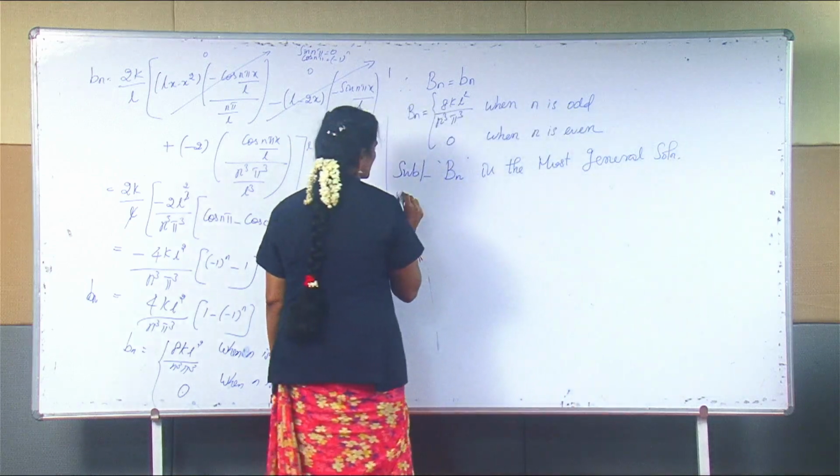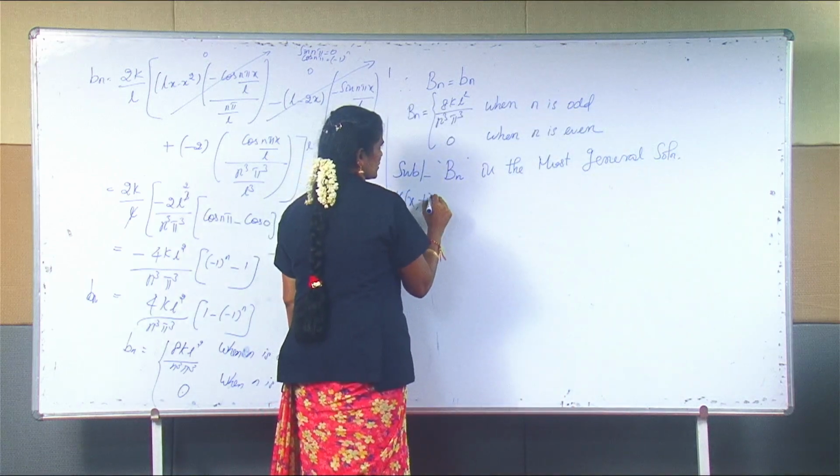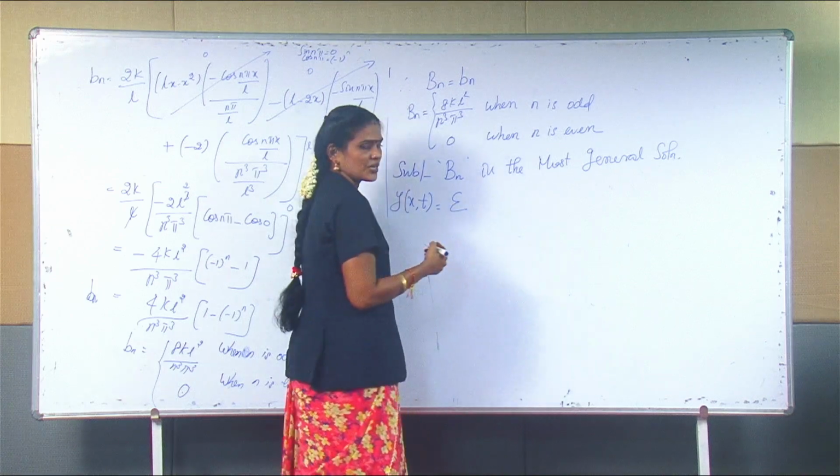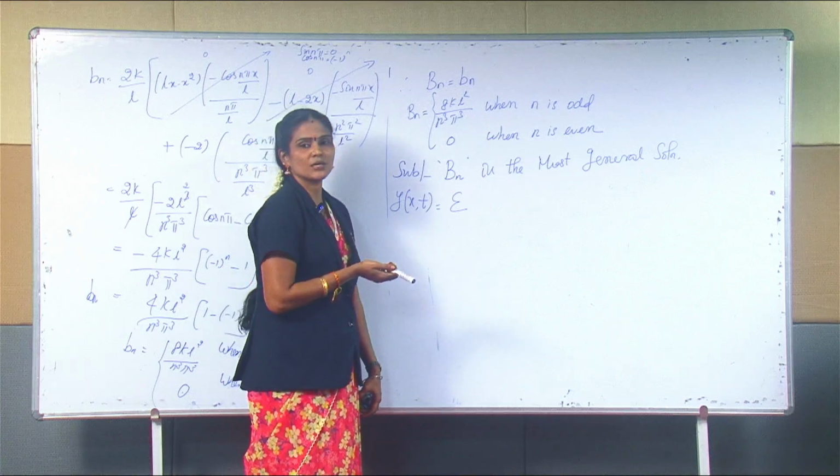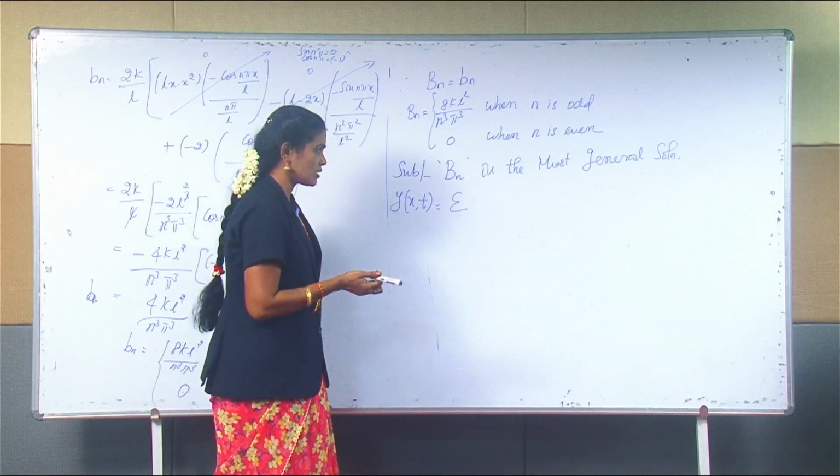So, your y of x comma t becomes the summation. Usually we consider summation n equal to 1 to infinity, but when n is even your capital Bn value is 0. So, no need to consider the even values.